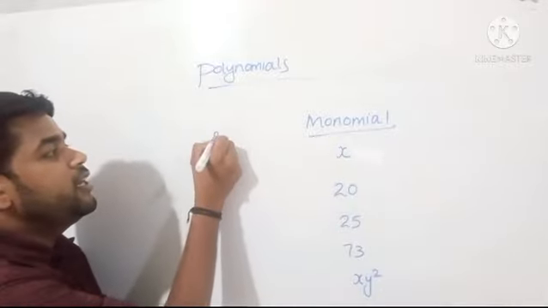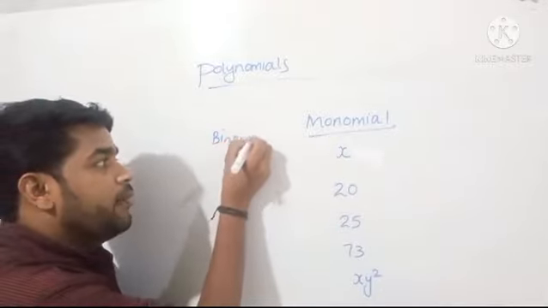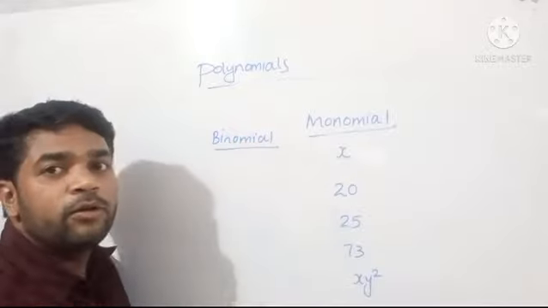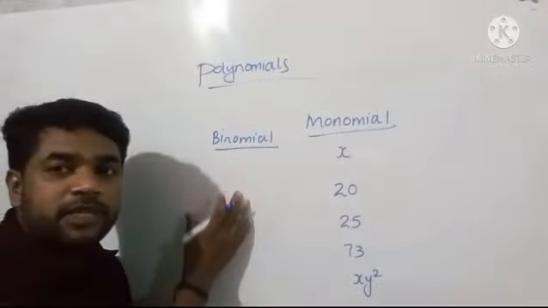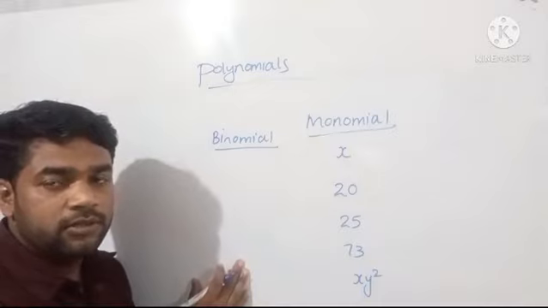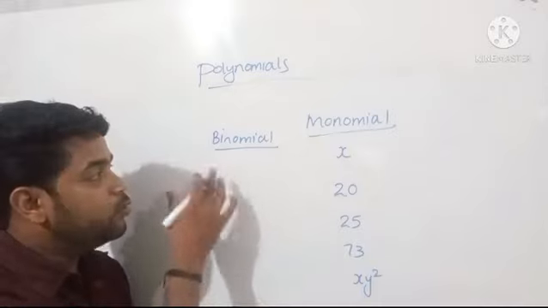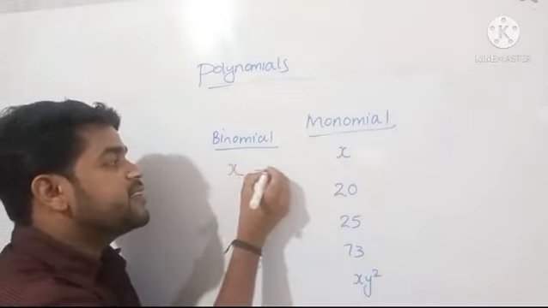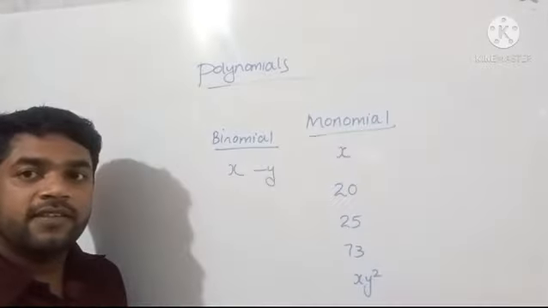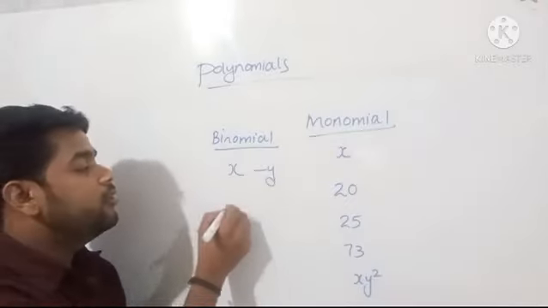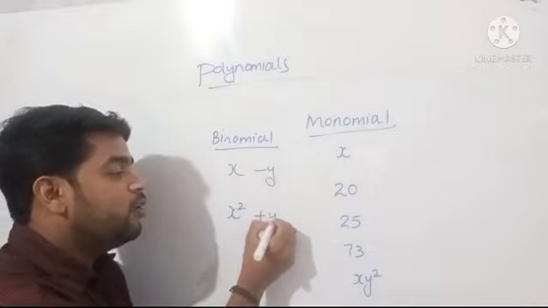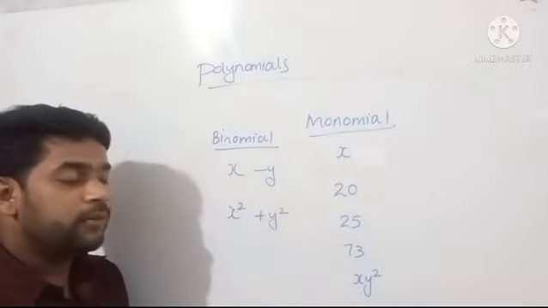Then after that you studied binomial. Bi means two. A binomial is an algebraic expression containing two terms. We can use a fundamental operation also: x minus y is a binomial. Then x square plus y square is also a binomial.